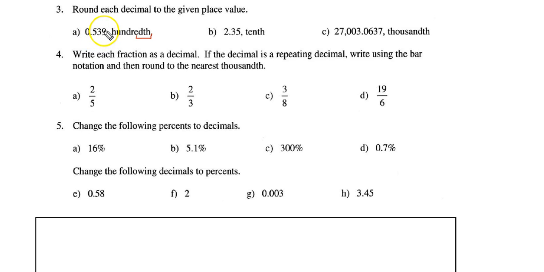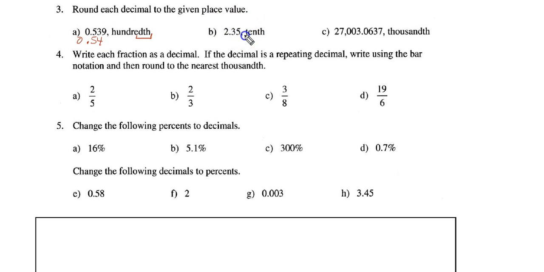We go to the thousands place, which is a 9. If it's 5 or more, we drop it and then add 1. So this will become 0.54. We're rounding that to the hundredths place. Now, if this were a 4 instead of a 9, we would leave it as 0.53.